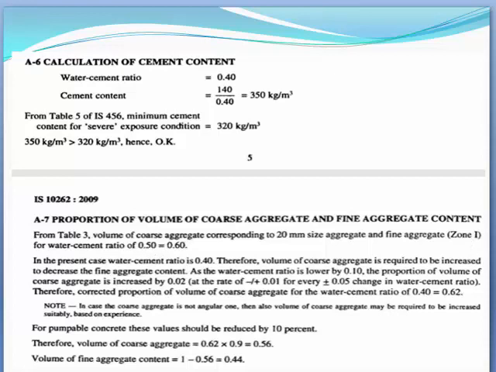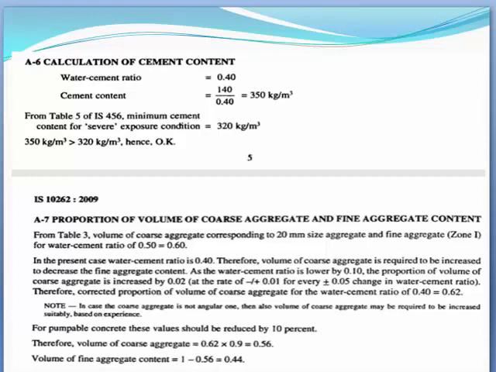Now this is important, student. The values given in table 3 are specifically for water cement ratio 0.50, right, and the value is 0.60.